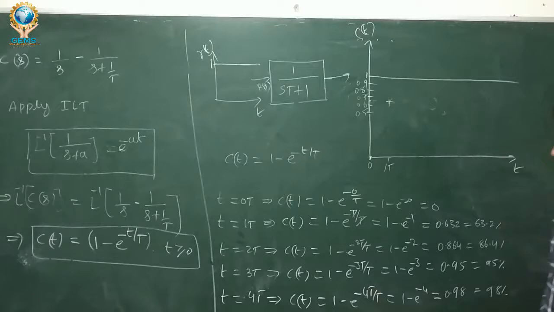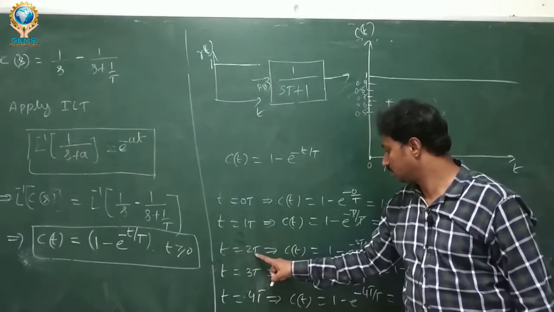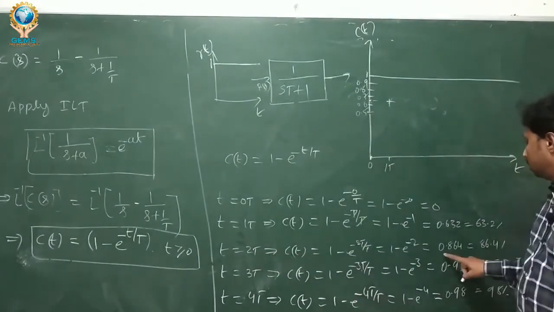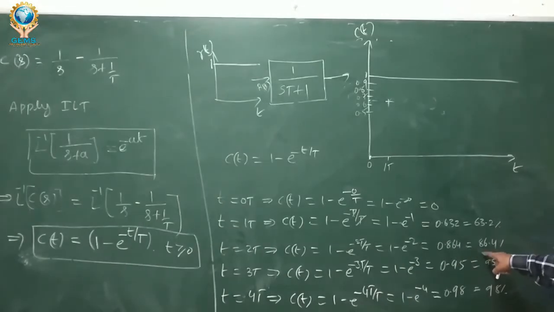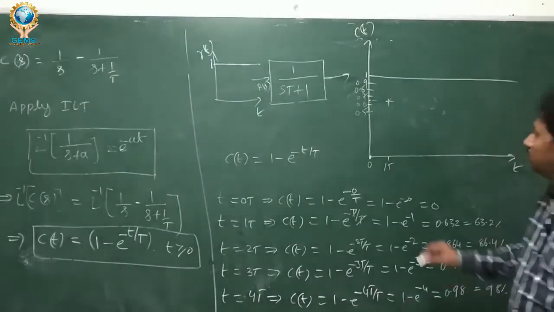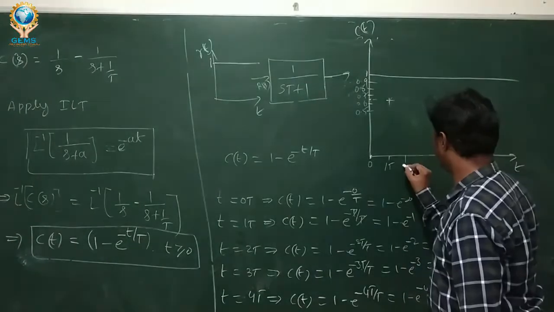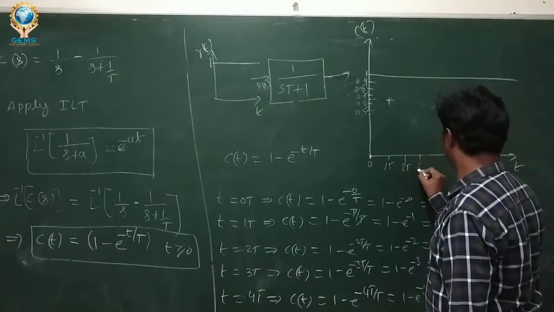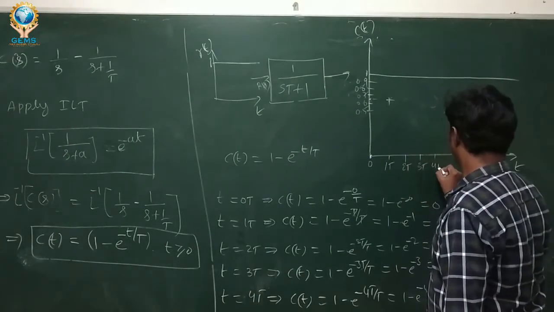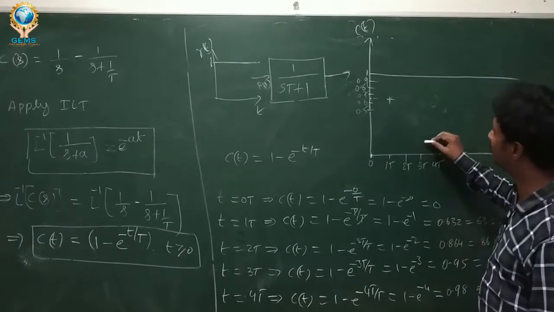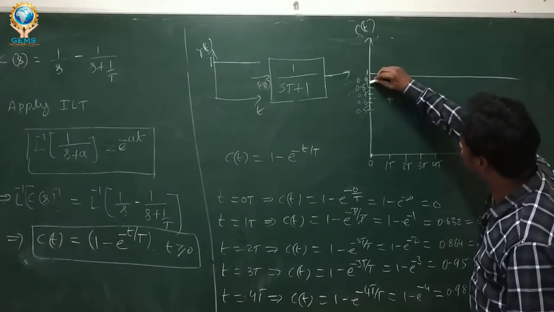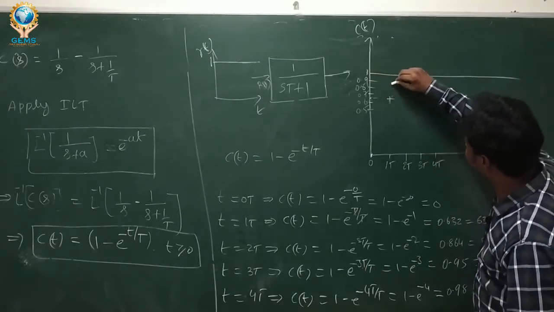Next, if you substitute t is equal to 2T, you will get 0.864, which is 86.4 percent. This is 2T, this is 3T, and this is 4T. So 86.4 is somewhere here.